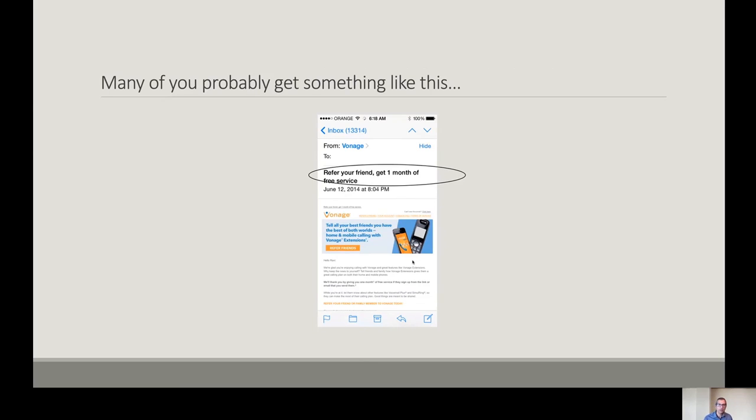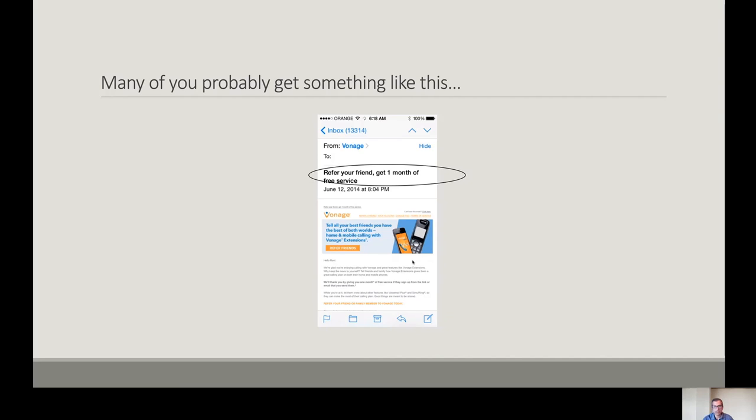Now let us go into the design of a referral marketing program. So this is an email that you might have received. You can get emails like this whenever a company wants to do a referral marketing program. This is an email from Vonage, and you can see that the subject line says, refer your friend, get 1 month of free service.